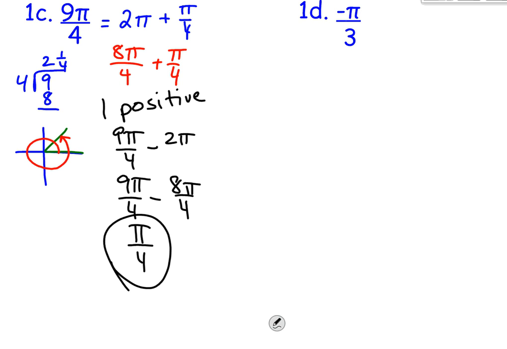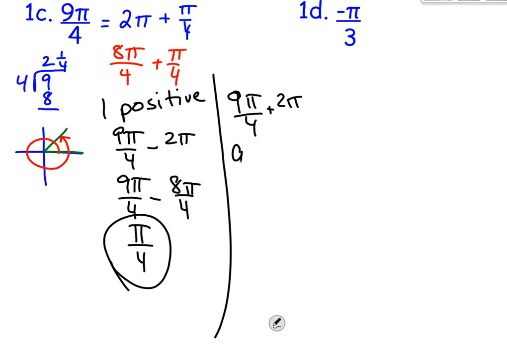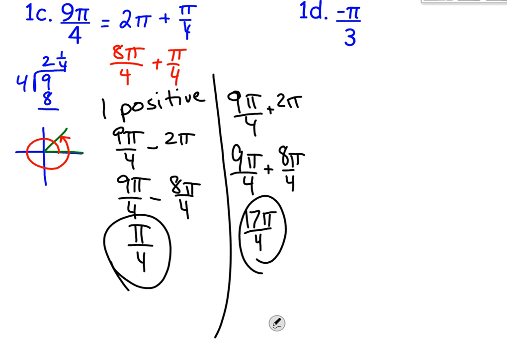The other way to get a positive is just to take 9 pi over 4 and add 2 pi, just to get a bigger value. So 9 pi over 4 plus 8 pi over 4, so 17 pi over 4 would be an acceptable answer as well. You could add 8 pi, because that would be like 4 revolutions, and still get a positive. Generally people pick one of those as their positive.